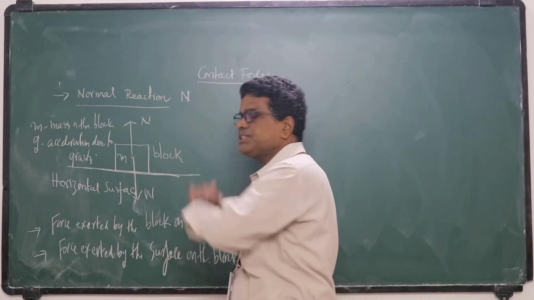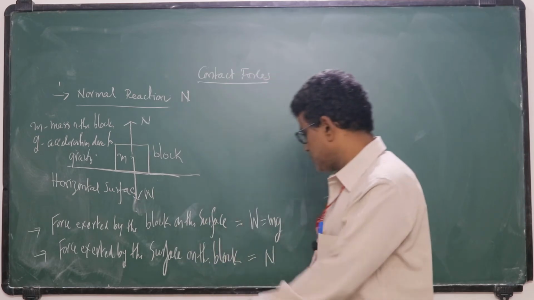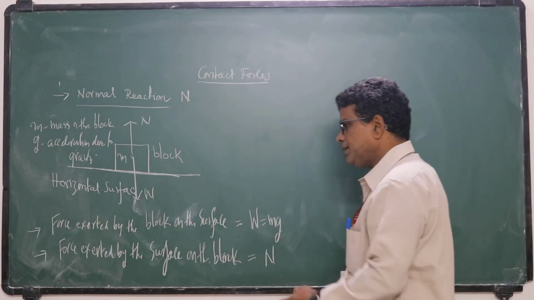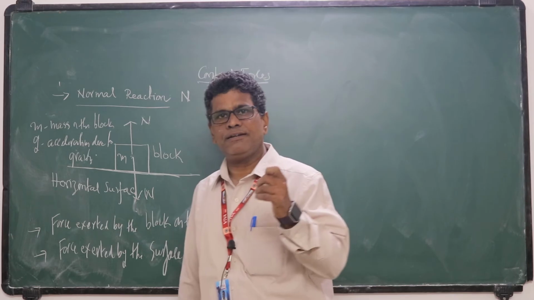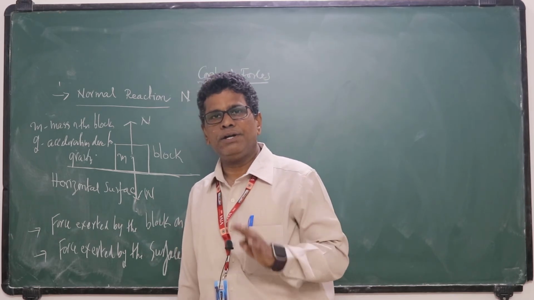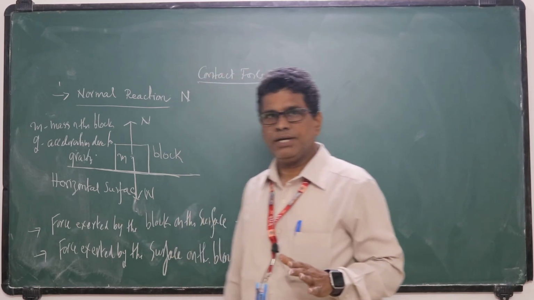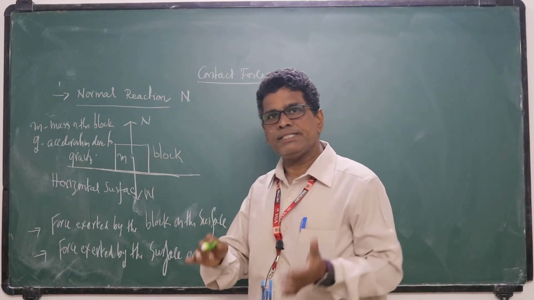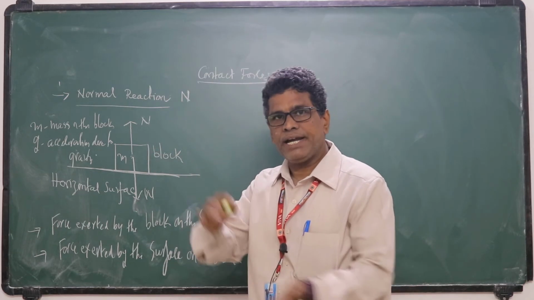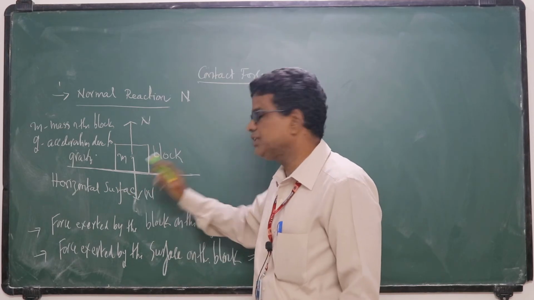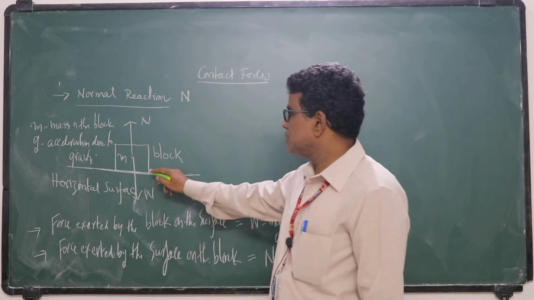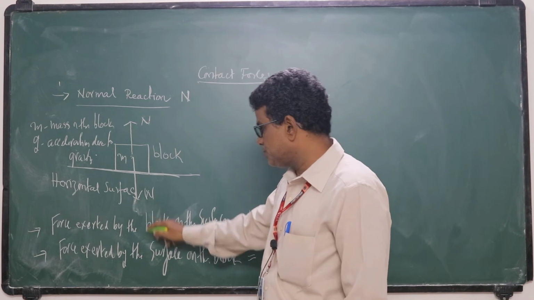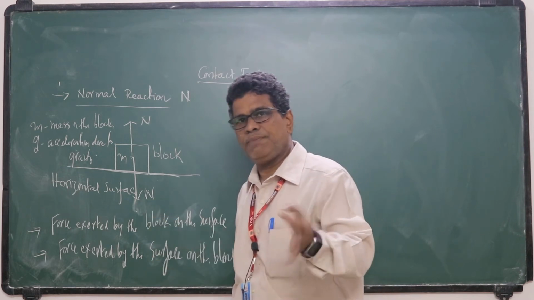This is the representation of forces. This N forms an action-reaction pair according to Newton's third law. These forces arise because of contact, as the block is in contact with the horizontal surface.